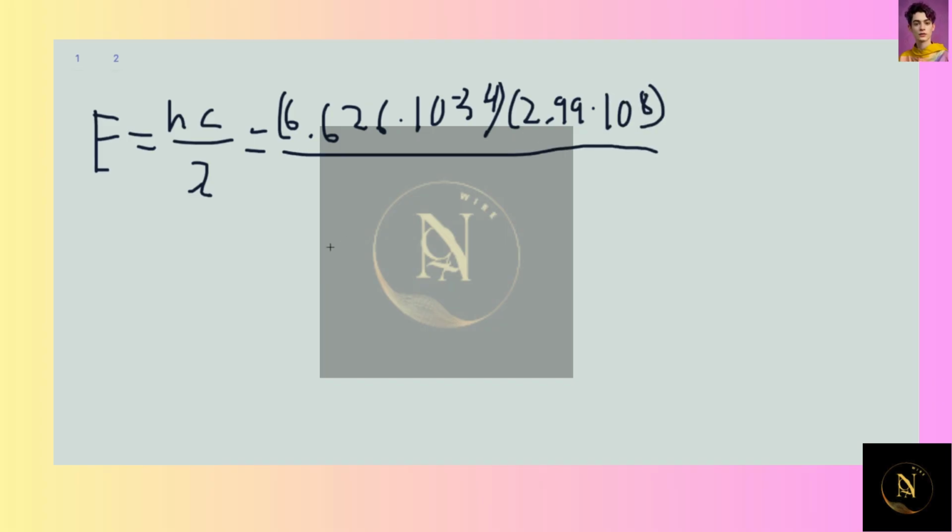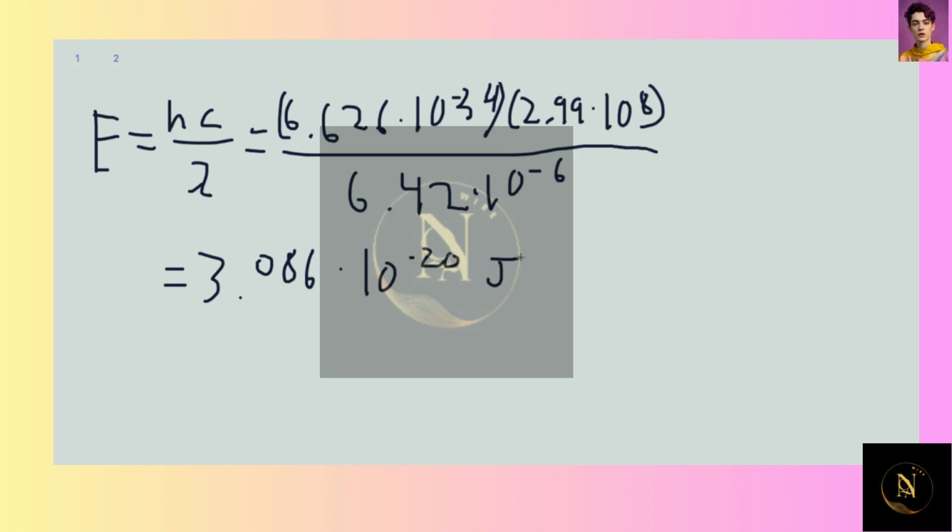And we divide that by our wavelength, which is 6.42 times 10 to the minus 6th meters. And that gives us the energy of a single photon to be 3.086 times 10 to the minus 20th, and that's joules per photon.